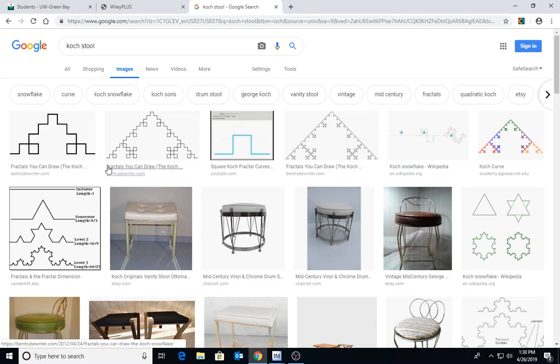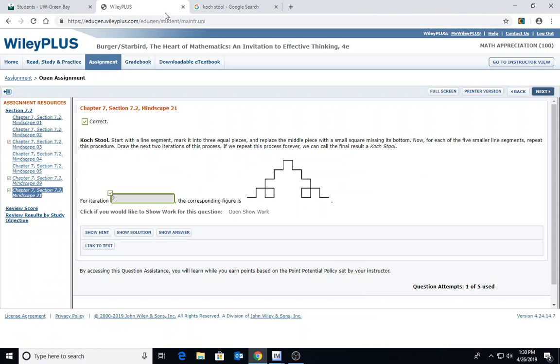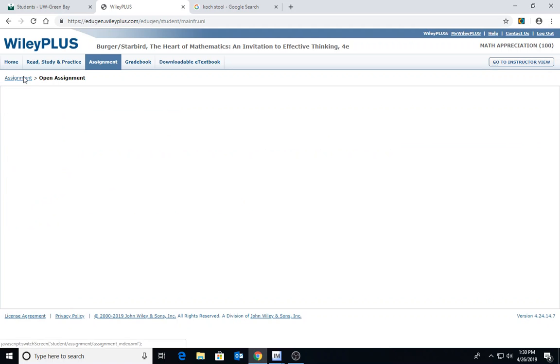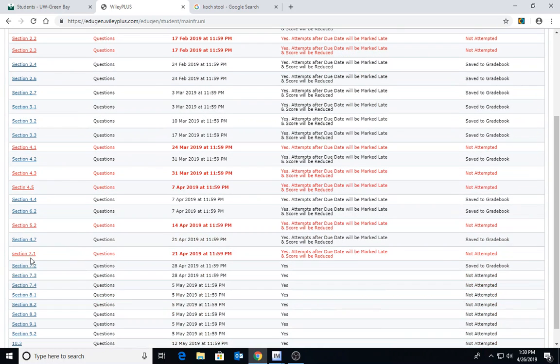So that would be right here. So each of these line segments on the second iteration is replaced with a Koch stool, making this the third iteration. Stage 3. Some other questions, so you might have a different picture than me, and that's why I showed you those other stages. Let's go ahead and look at 7.3, where I was asked several other questions.